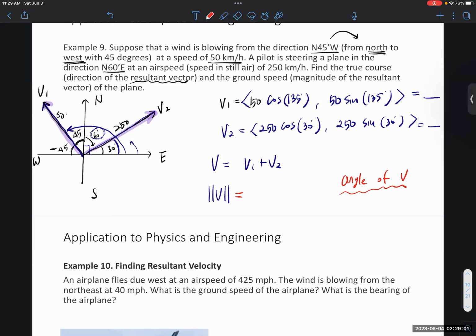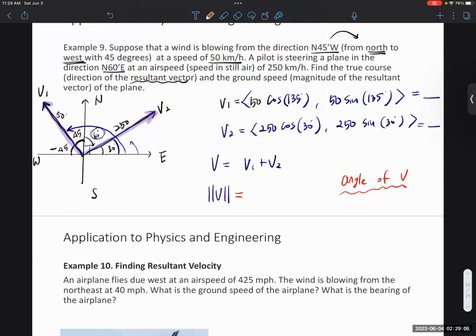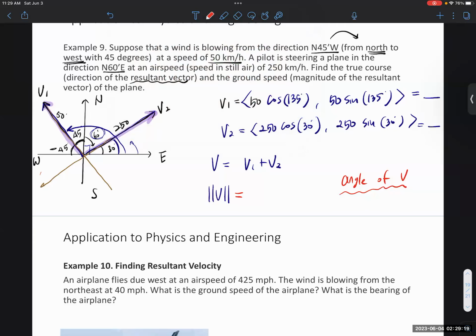The direction is open everywhere. So what I'm saying is, vector 1 looks like this, vector 2 looks like this. The summation V1 plus V2 you will find somewhere here, the V.